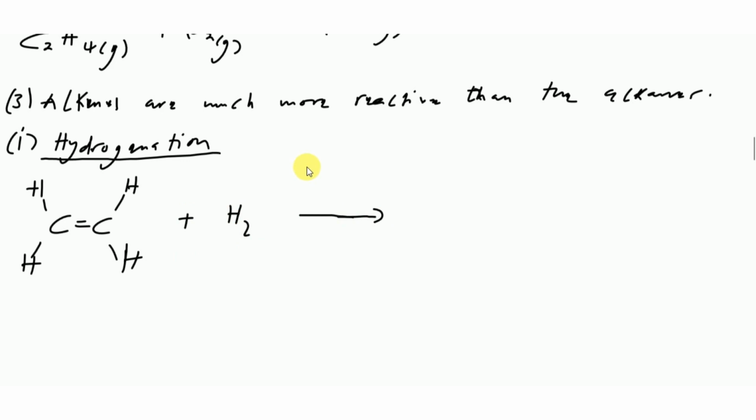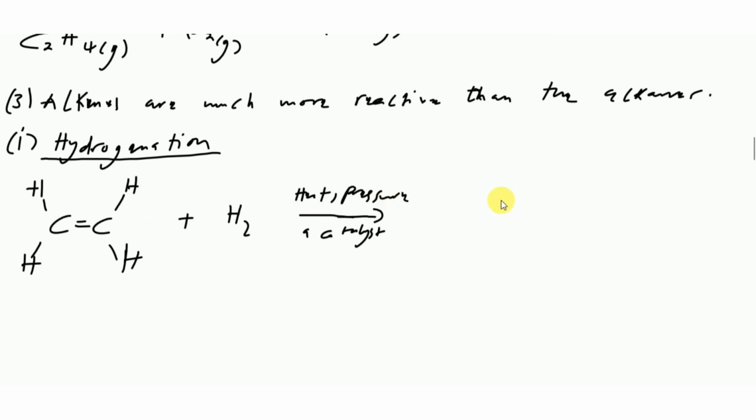So this reaction can be in the presence of heat, pressure, and the catalyst. And when the alkenes undergo hydrogenation, they'll produce the alkanes.